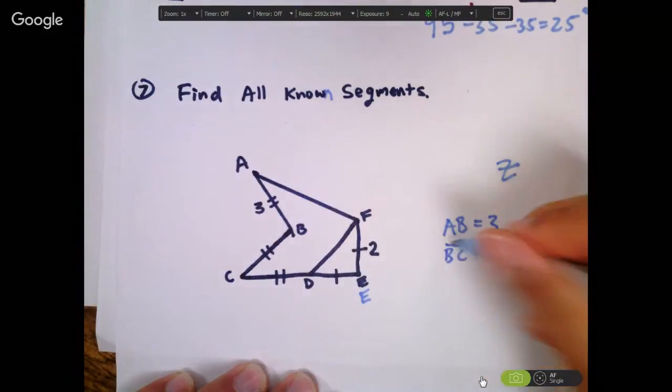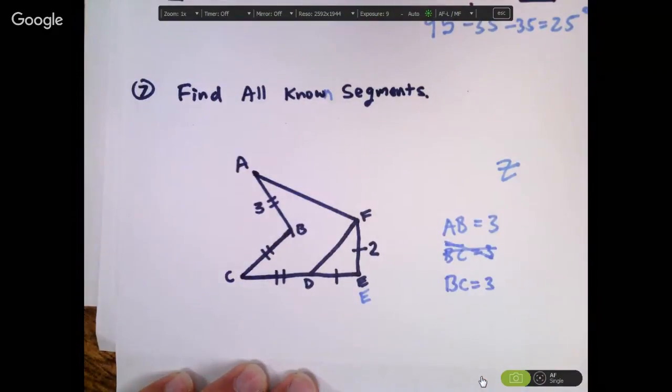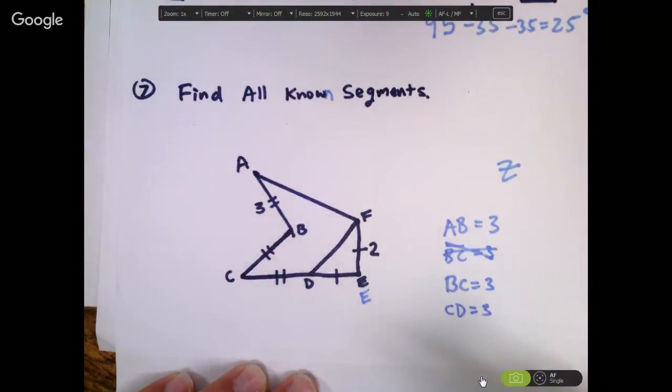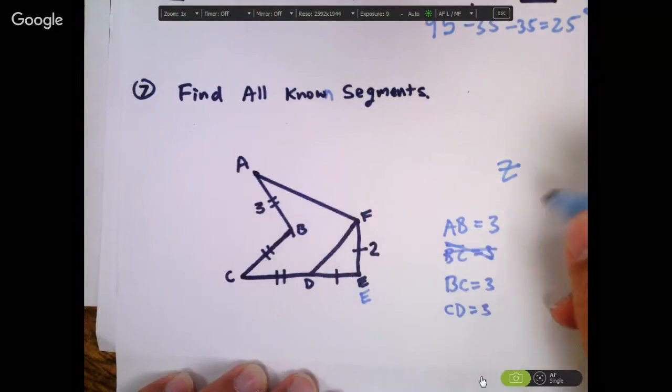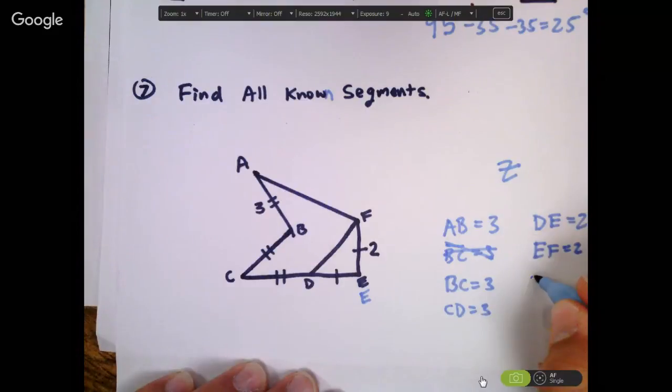Oh, I did that wrong. Bad, Mr. McConnell. I shouldn't put the line above it. Sorry. What else? CD equals 3. So now we're just listing all the information that we can. DE equals 2. EF equals 2. Awesome. There's only one more that we actually know what the length is, and that's CE equals 5.